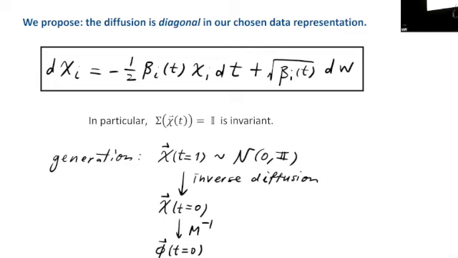So in terms of the generation process, what we propose is that you have a prior that is, again, given by white noise. And then we do the inverse diffusion. We learn the score in the usual way. And once we have done the inverse diffusion, we do this data transformation too.